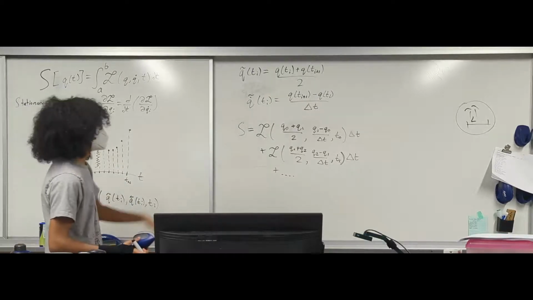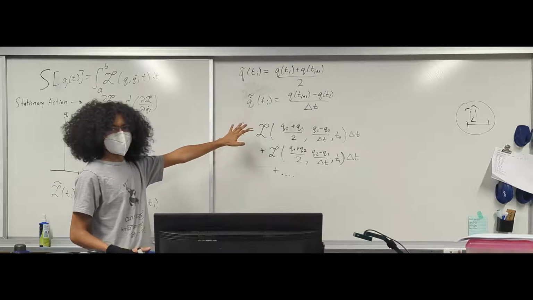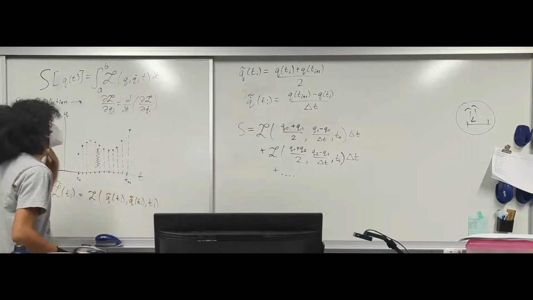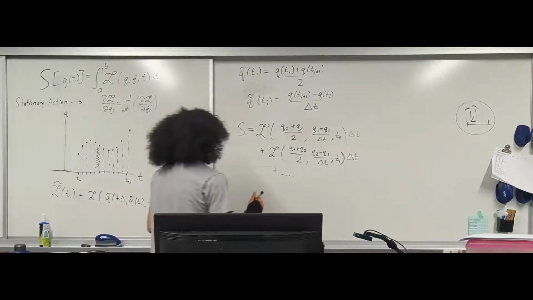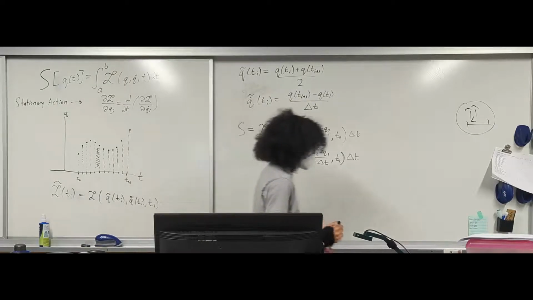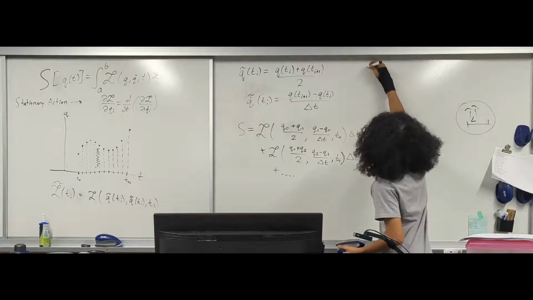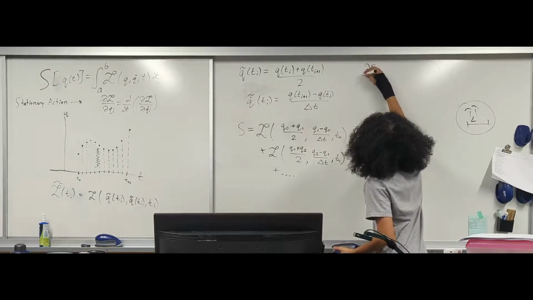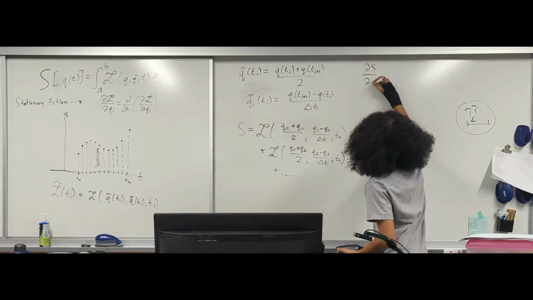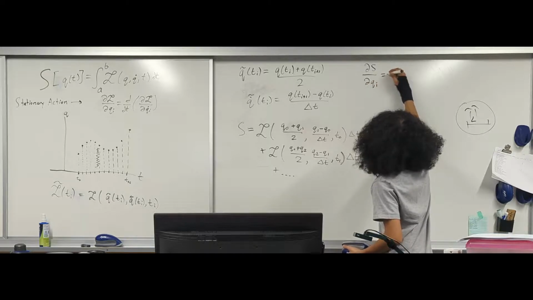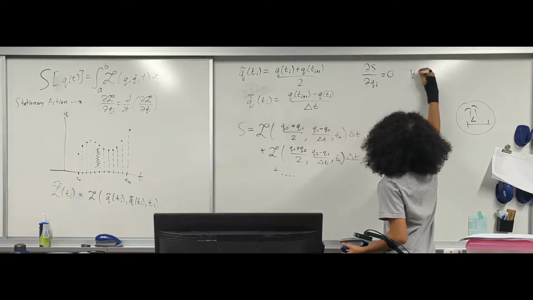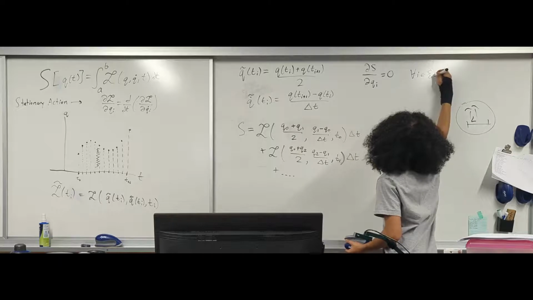So this is a widely multivariable function. And so the condition that the action is stationary or minimized is that we need dS by dqi to be equal to 0 for all i from 0 through n.